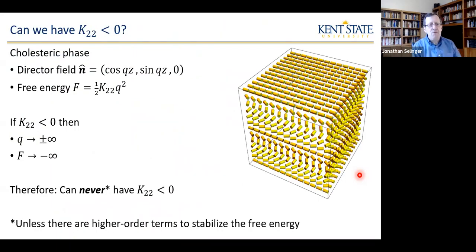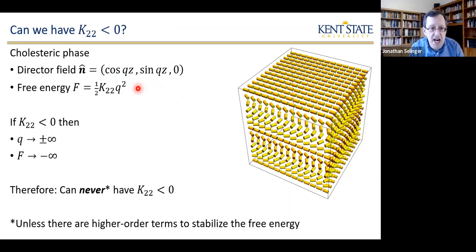All right, well, negative, no. Let's see why not. Suppose you have a cholesteric phase, as shown here, with this helical director field. If we put that into the free energy, we get this average free energy density, a half K22 times q squared.